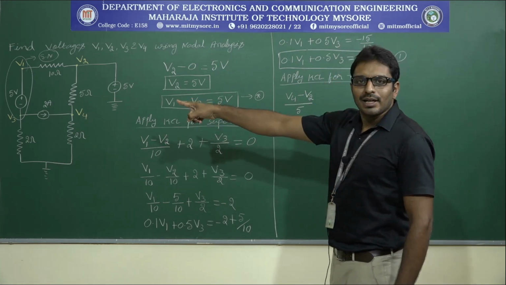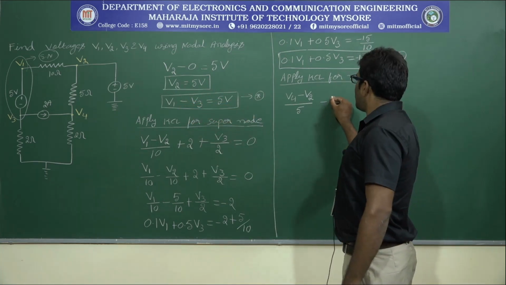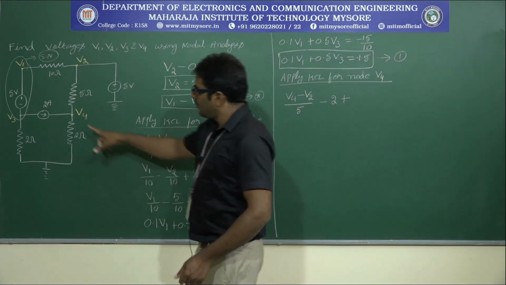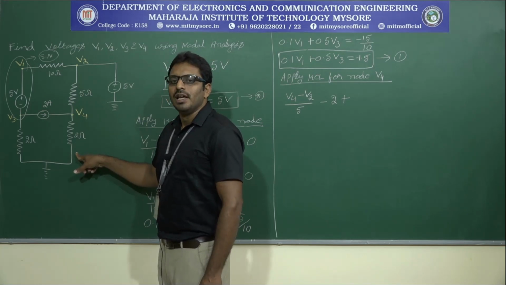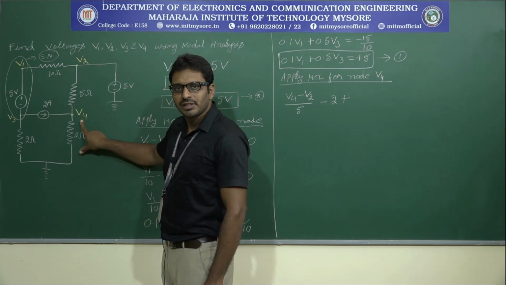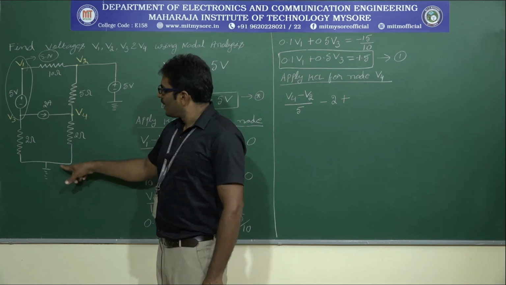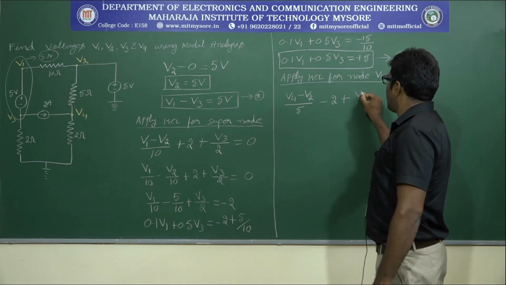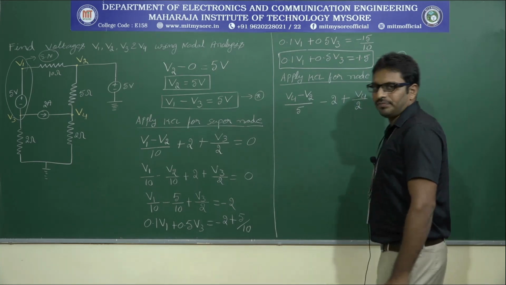Now, the 2 ampere current is entering the node, that's why it is minus 2. What is the current through the last branch? The current through the 2 ohm resistor is, by Ohm's law, I is equal to V by R. V is the potential difference across the 2 ohm resistor, which is V4 minus 0. So the current is V4 divided by 2. So plus V4 divided by 2, that is equal to 0.